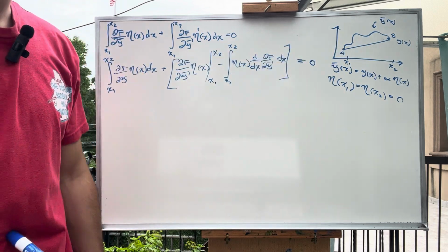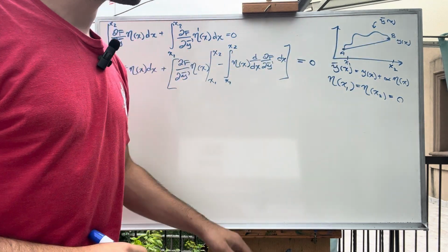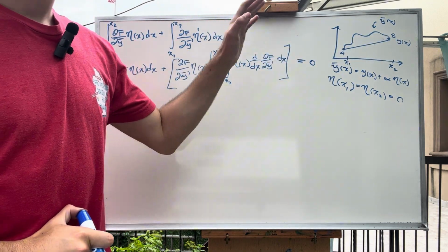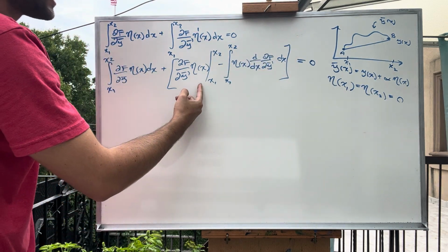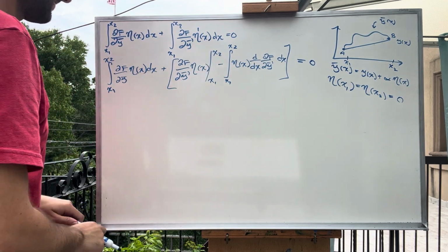There is no variation in the function at the points A and B. They are always stagnant. So we can immediately see that this term goes to 0.